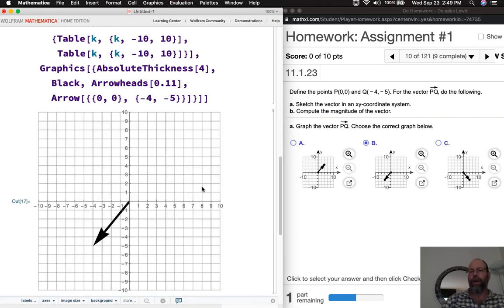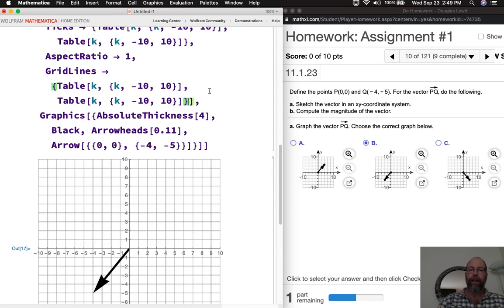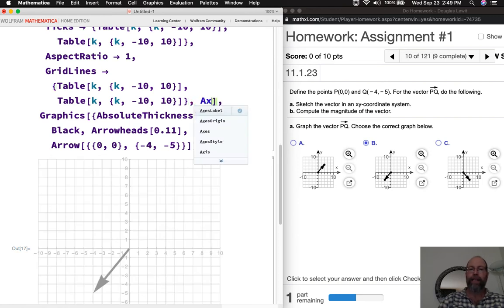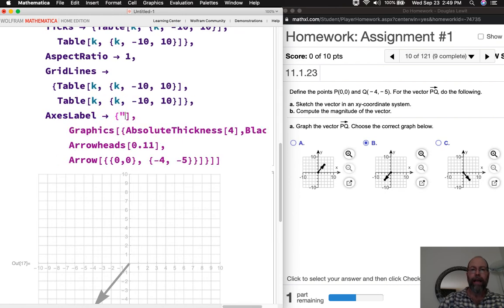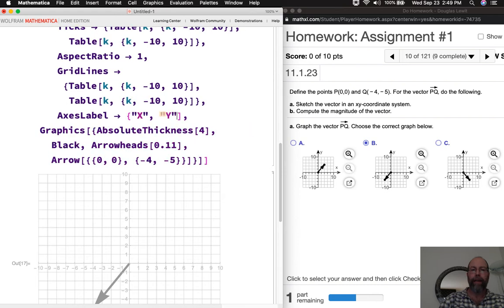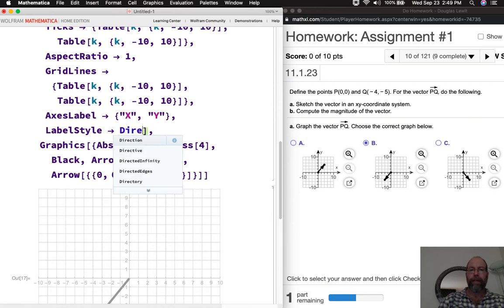Okay, so what we have here is actually a reproduction of these pictures. And actually, I could also add labels. So axes label, X and Y, and then label style, that's a directive.